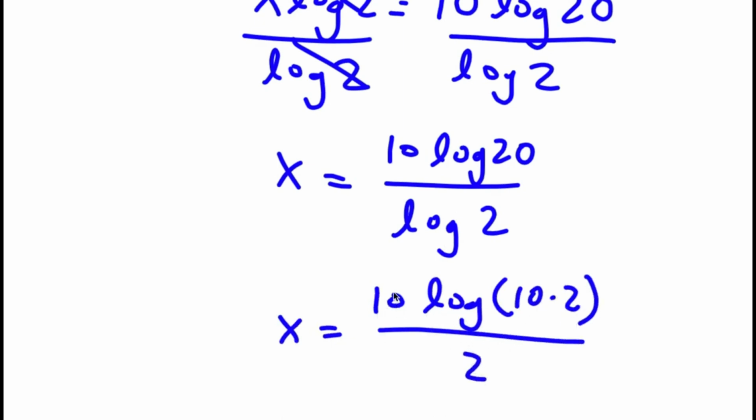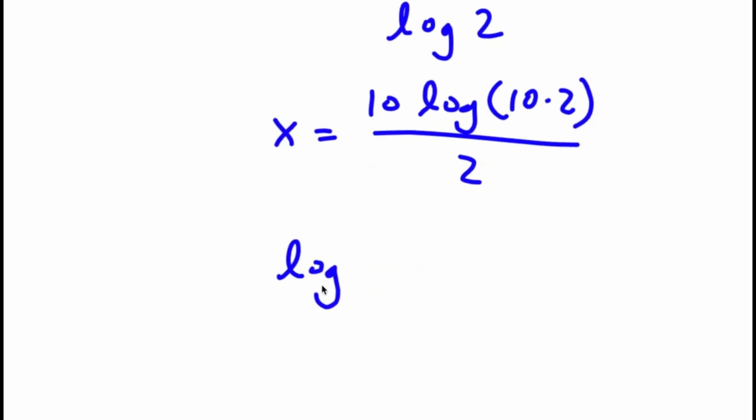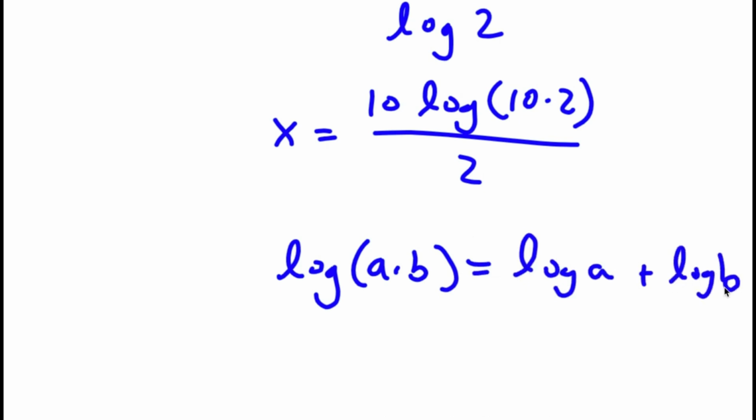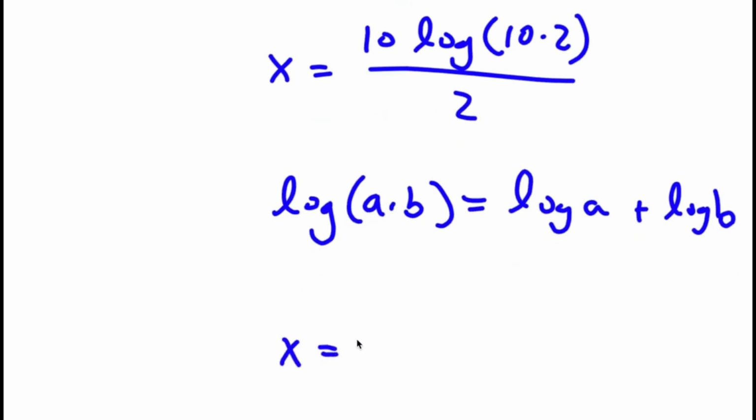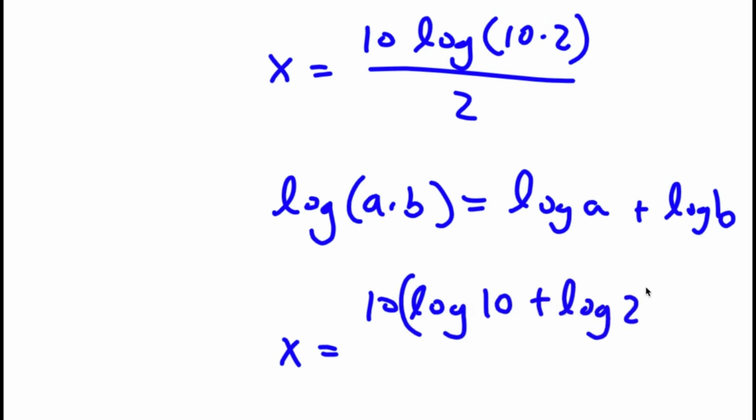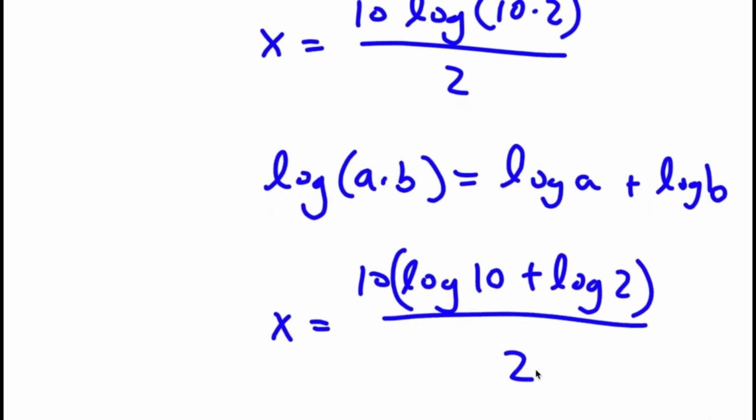And now if I have something in the form log (a times b), that's simply equal to log a plus log b. So in this case, log (10 times 2) is going to equal log 10 plus log 2.